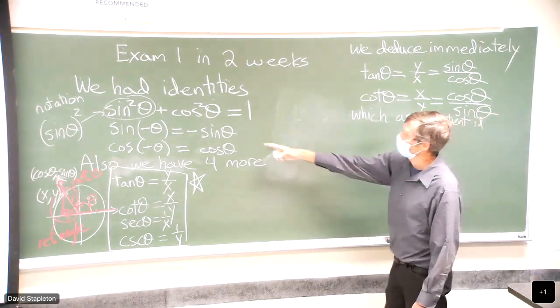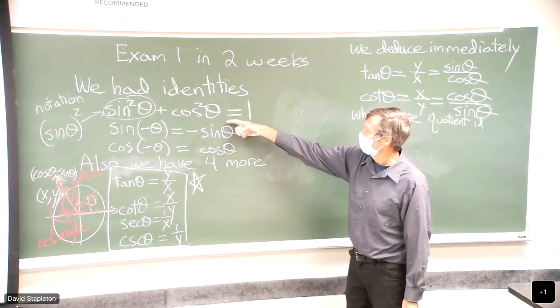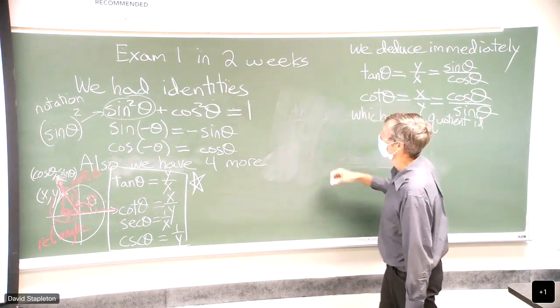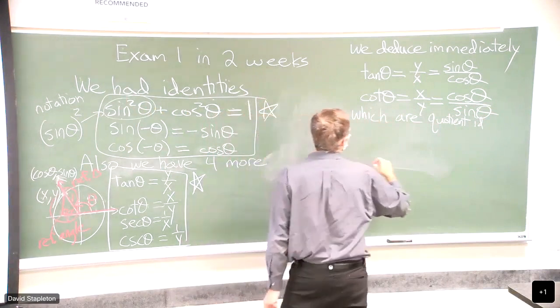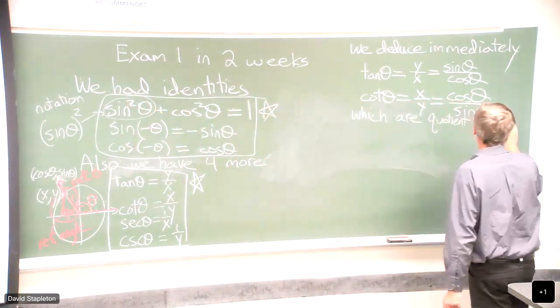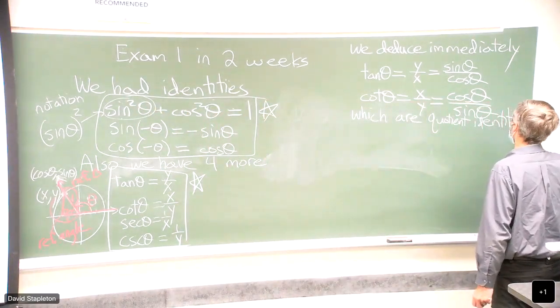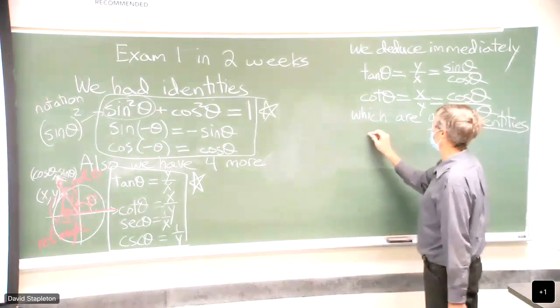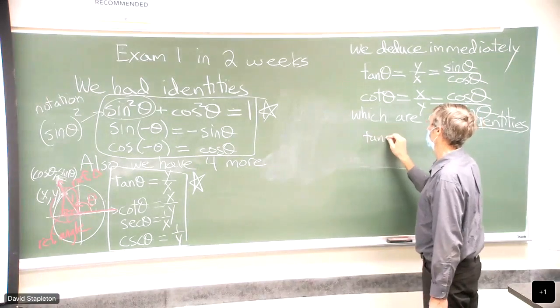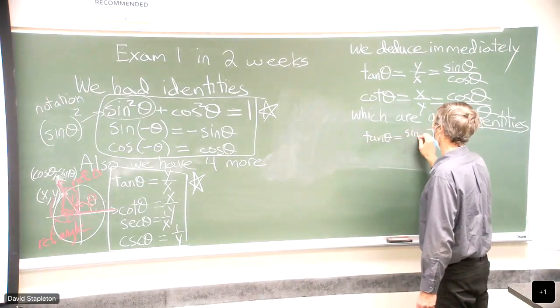So in addition to these even and odd identities, and this Pythagorean identity, and we want to memorize these, I already started, but I'll just start them again. There's a lot of identities in trigonometry, and they're very useful in later courses. You need them in calculus. They're quotient identities. Tangent theta equals sine over cosine.